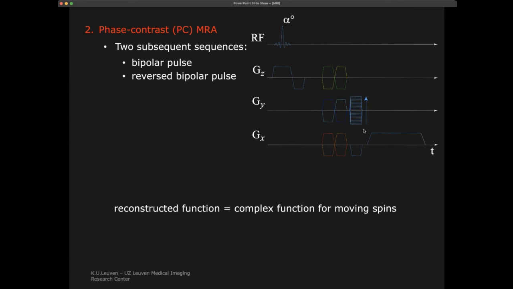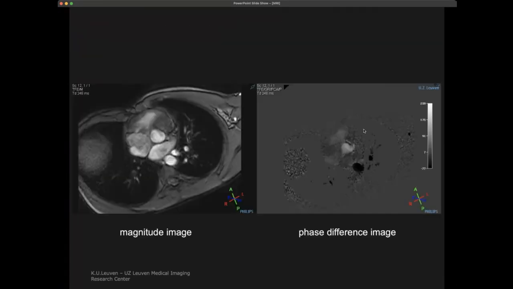So by combining when we flip and when we reflip, or flip an additional 90 degrees, we can selectively encode or flip pieces of tissue that we want to look at, in this case moving tissue, in this case blood. This way we can selectively highlight blood, and that's what you see here.